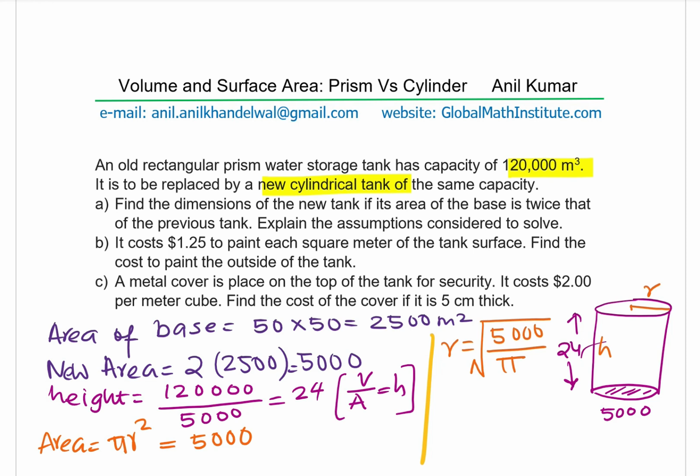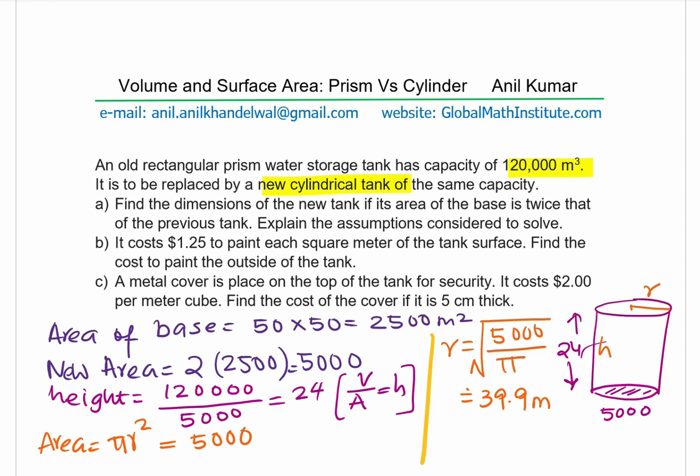So let's again use the calculator. Within the square root, we'll divide 5,000 by 3.14, and what we get is 39.9. So this gives us a value of 39.9 meters approximately. Perfect.